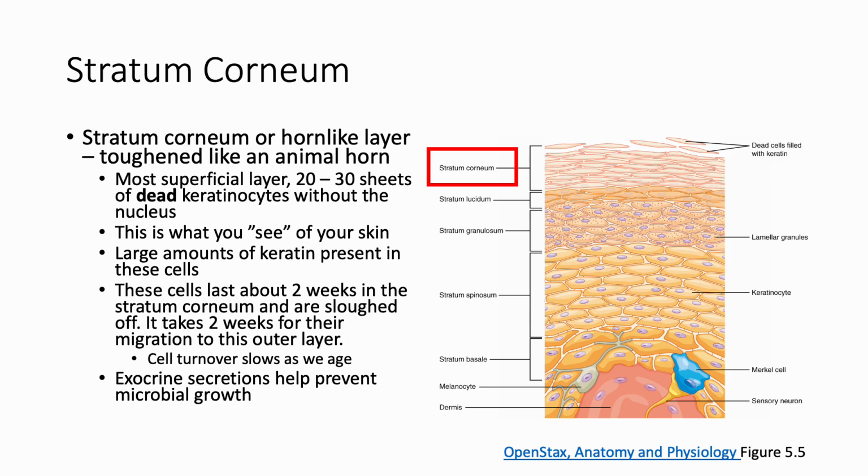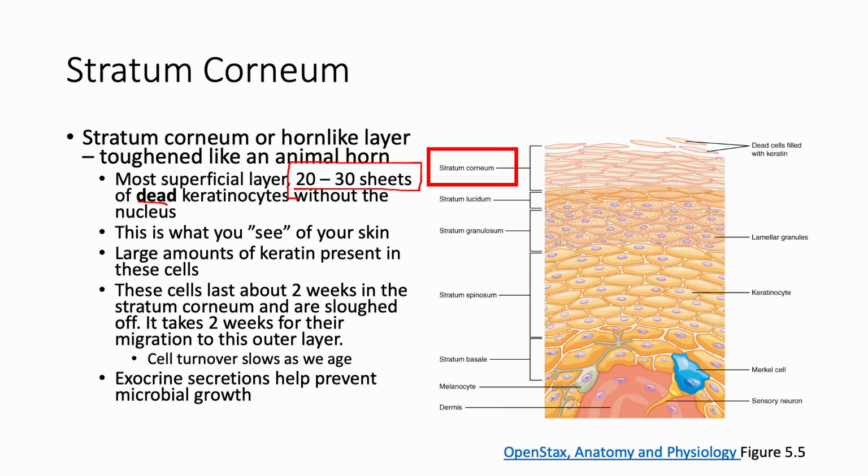Now, the most superficial layer, the one that you see, would be stratum corneum. And this is going to be a fairly large layer compared to the others because it has about 20 to 30 layers or sheets of dead, remember at this point they're dead, keratinocytes. So the nucleus and the organelles have disintegrated, and basically you see these cells that are just packed with keratin. They're dead.